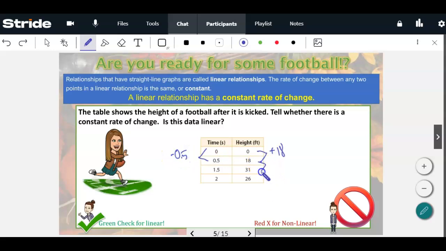If we go to the next one, 18 to 31 is plus 13, and this goes up 1. So already you have a negative and a positive. This is not a constant rate of change. This one's going down and this goes up, so definitely not linear because it's not a constant rate of change.